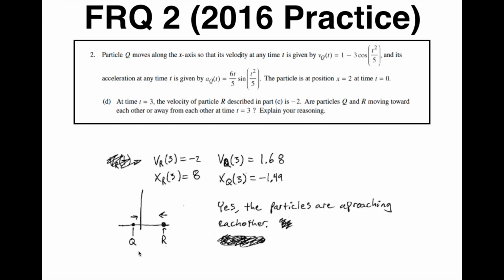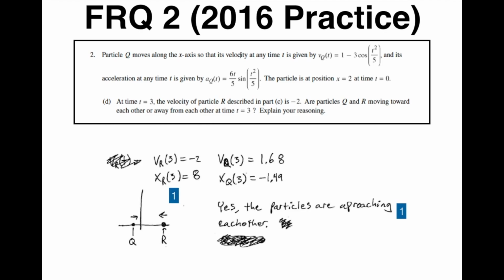So because particle q is at negative 1.49, she put it here, and because particle r is at 8, she put it over there. And now these little arrows show the velocity, so particle q is moving towards the right, and particle r is moving toward the left. And therefore, the student concludes, yes, the particles are approaching each other.